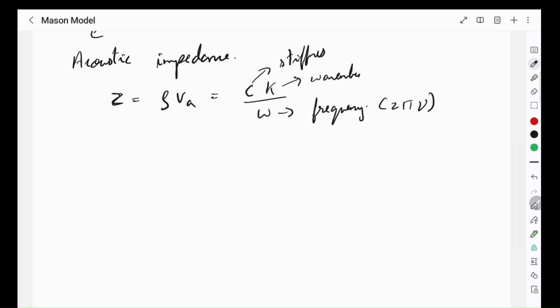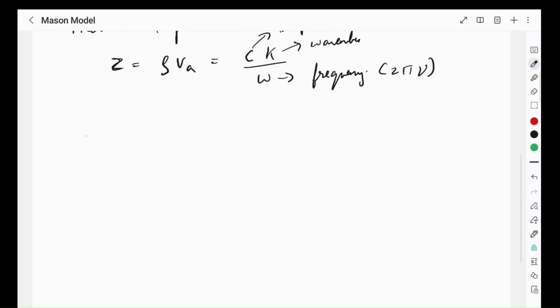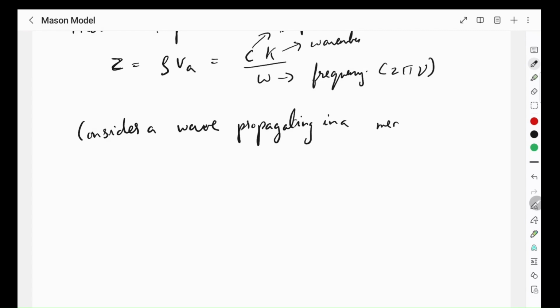So if you actually consider a wave propagating in a medium, these are the two material boundary conditions I'm applying. So what do you need to find out?